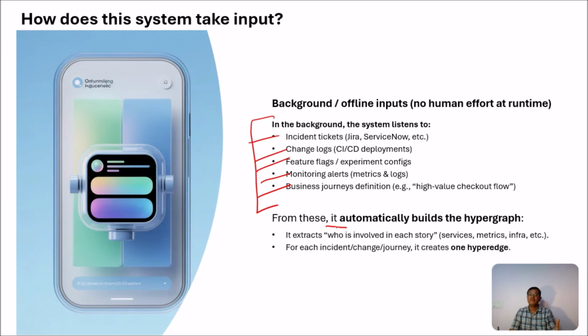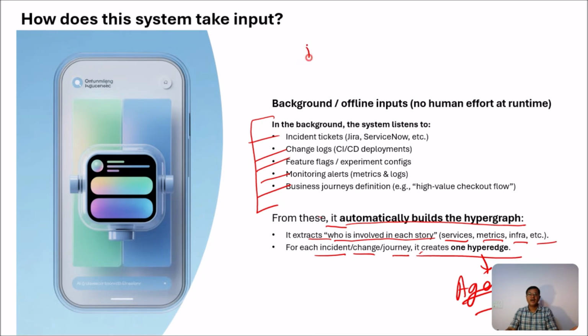You should be very good at writing such prompts so that it can automatically build the hypergraph, and extract information like who is involved in each story, like services, metrics, infras, etc. And finally, for each incident, change and journey, it will create one hyperedge, and each of those hyperedges will be an agent. So the system will dynamically create multiple agents.